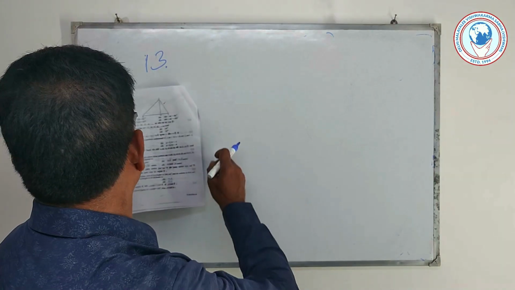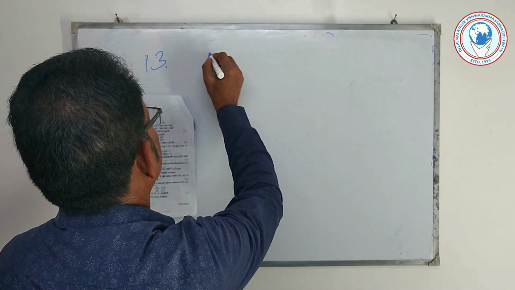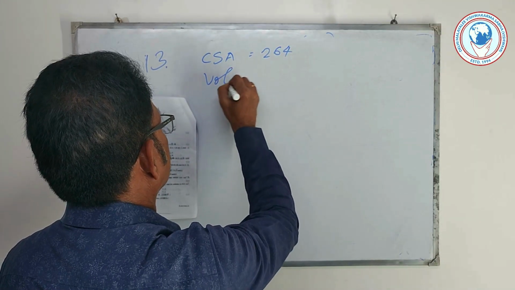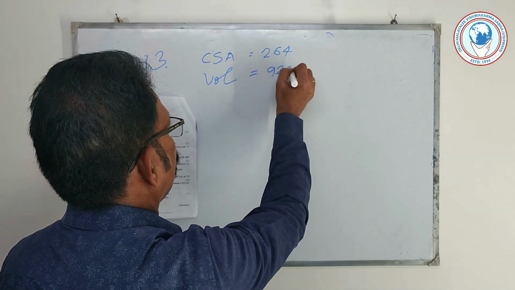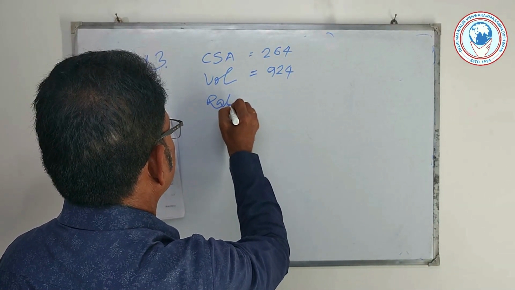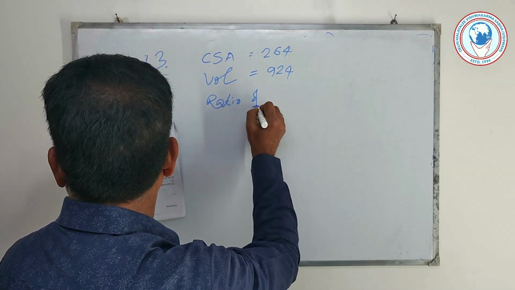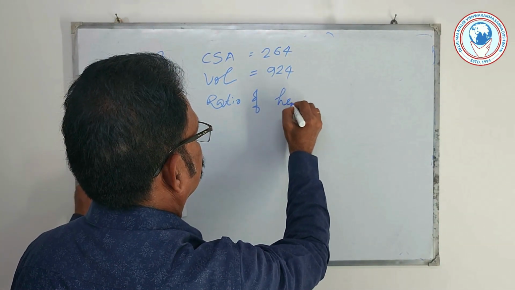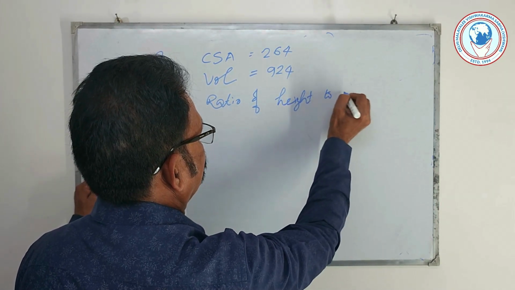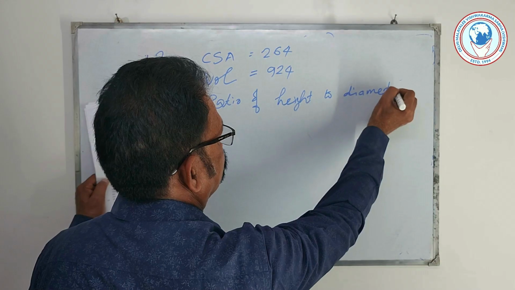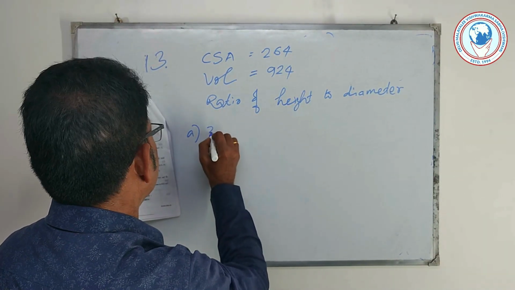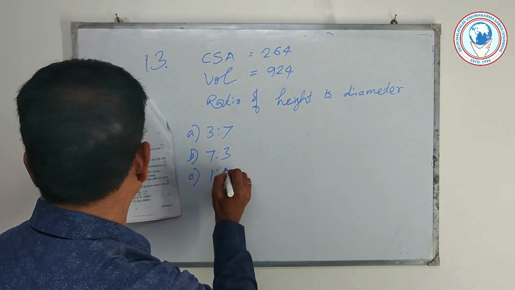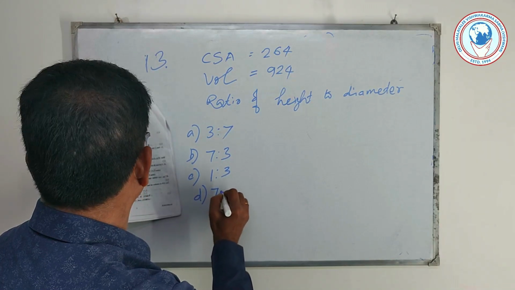Options: A, 3:7, B, 7:3, C, 1:3 and D, 7:1.